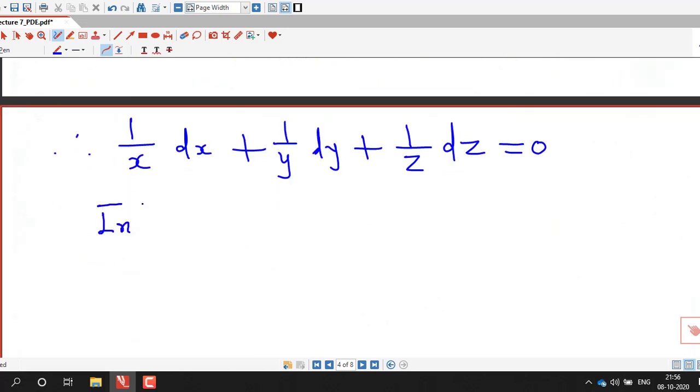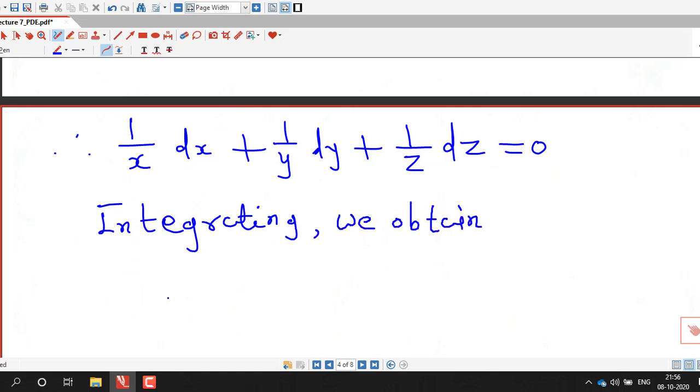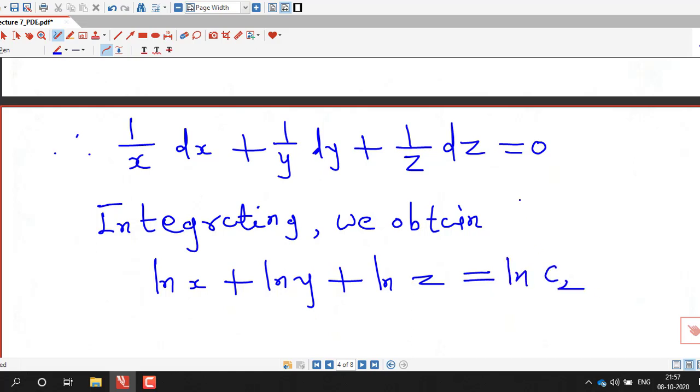And integrating, we obtain: integral of 1 by x with respect to x is log x. Similarly 1 by y has integral log y, and for 1 by z it is log z. And because I am having logarithm in each term, I can adjust the constant as log c2.